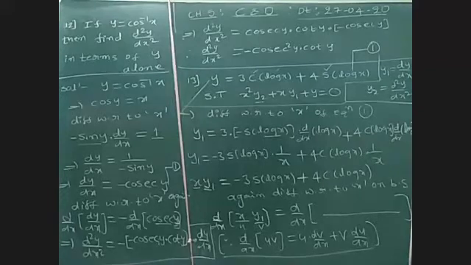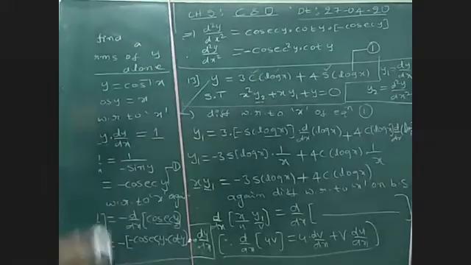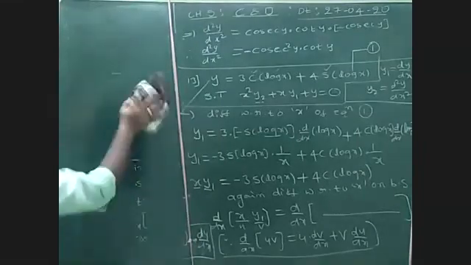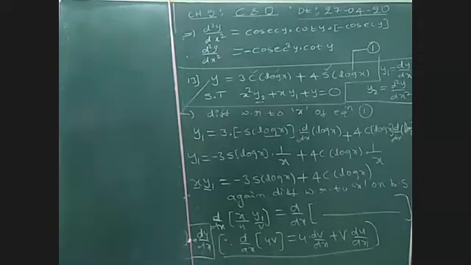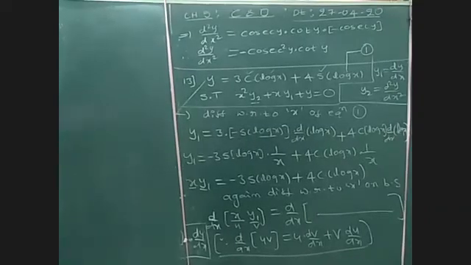First try to understand how we are differentiating. Then you can note it down. So already they gave the condition, we can show that x square y2 plus xy1 plus y should be equal to 0.